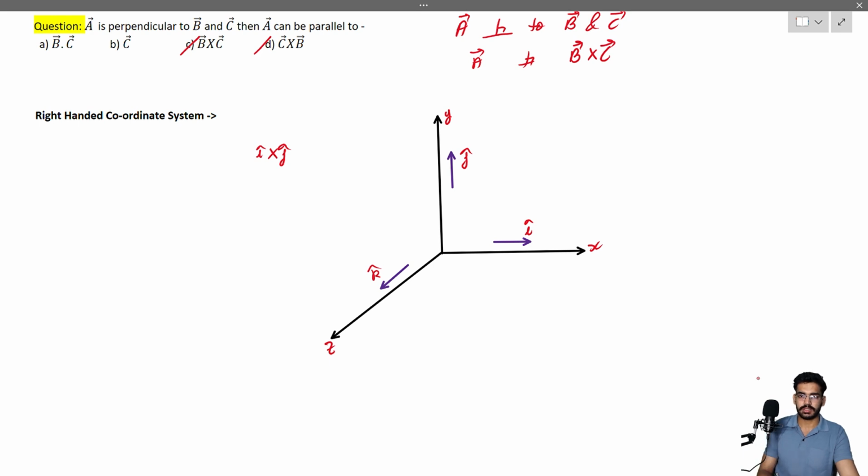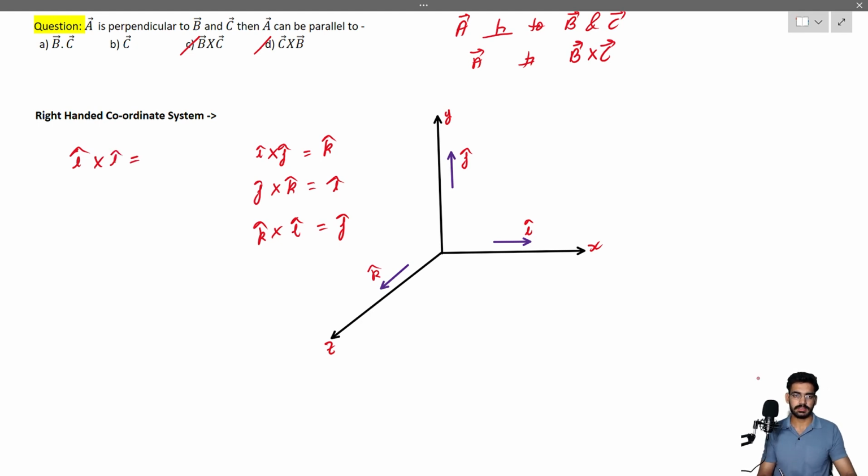Understood? So i cross j is always going to give k cap, and similarly j cross k, if you do, you are going to get i. And if you go with k cross i, you are going to get j cap. And similarly, if you do i cap cross i cap, here sin theta is sin 0, right?